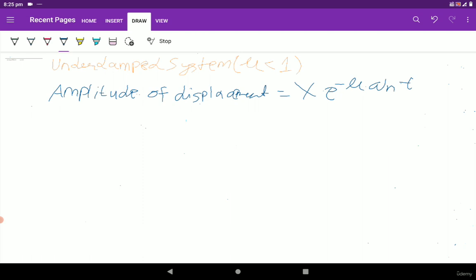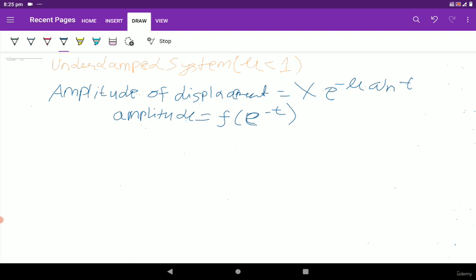So this is the amplitude, and here amplitude is a function of e power minus t, that is exponential power minus t.